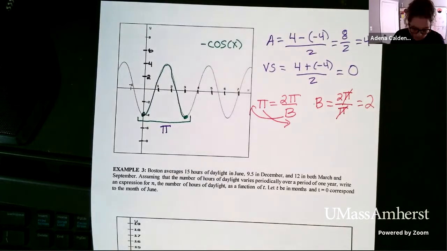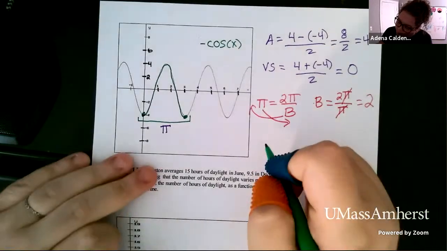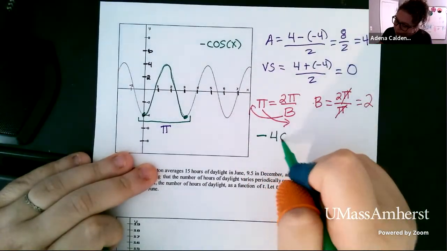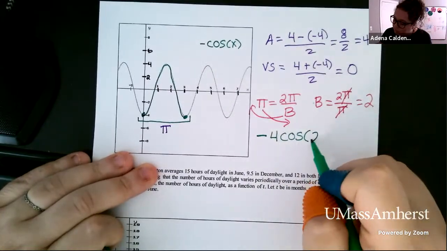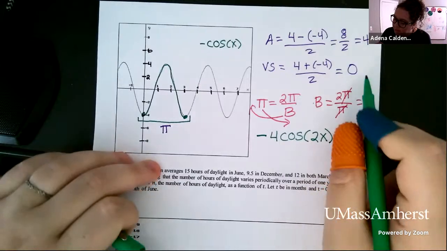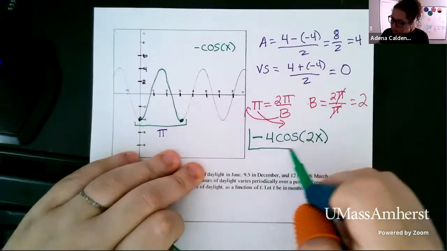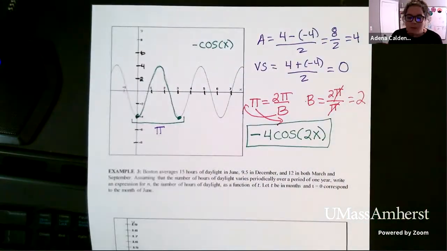So putting that all together, I know I have negative cosine. So I have negative, now I need my amplitude, -4 cosine. My b is 2, so 2x, and my shift was 0, so I don't have to add anything on here. So I have -4 cosine of 2x.